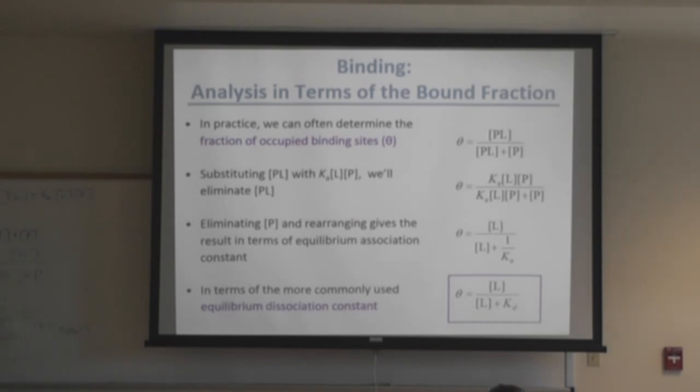Do you see that? My handwriting is terrible. There should be an L in here. Okay. And then these P's, we can get rid of the protein concentration out of there all the way.